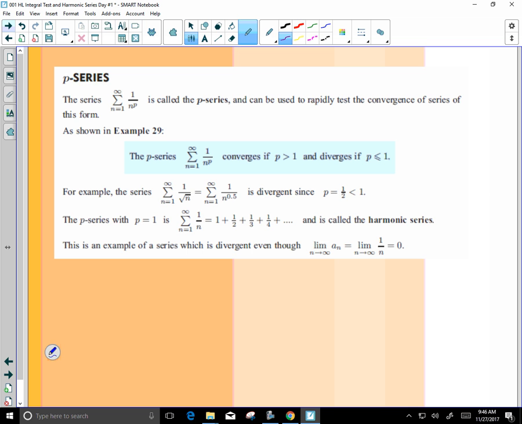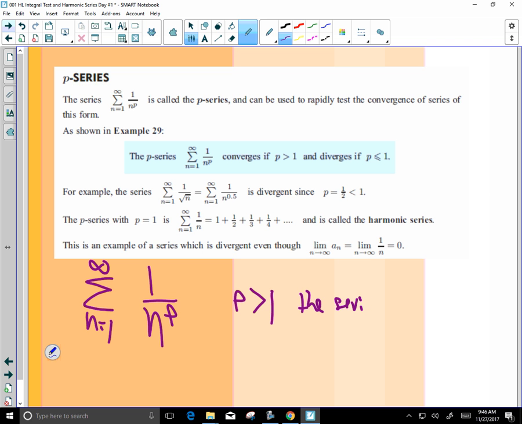Okay, we talked about the p series. For the sum of 1 over n to the p, as n goes from 1 to infinity, if p is greater than 1, the series what? If it's like 1.1, 2, 3, 4, it's going to converge.